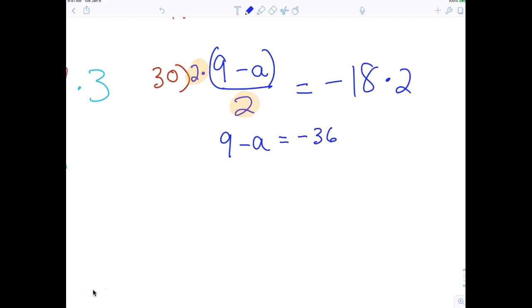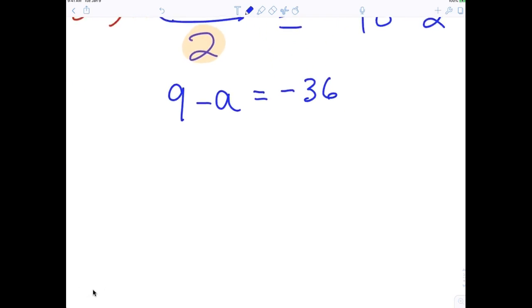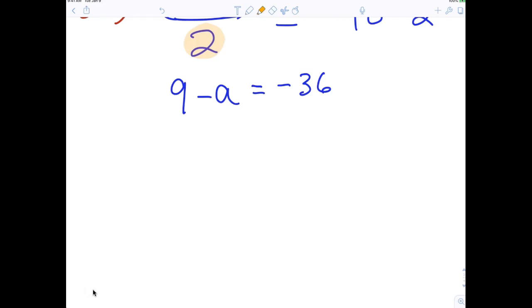Now what do I have to do? Listen to me. Now I'm teaching you, so pay attention. So how are these things connected? What is the 9 right now? The 9 is a positive. How do I get rid of a positive 9? Because we're working backwards, minus 9.